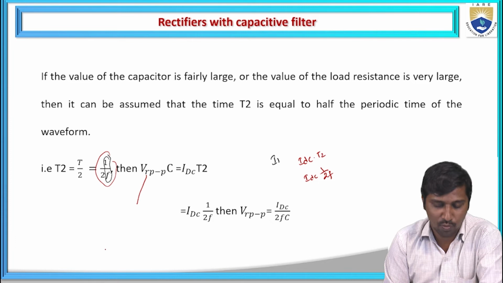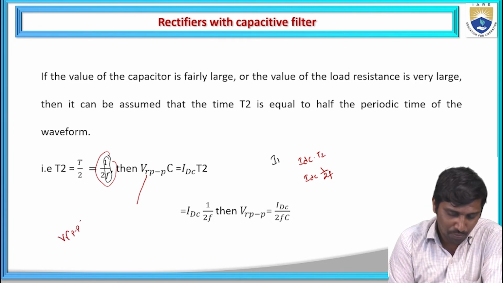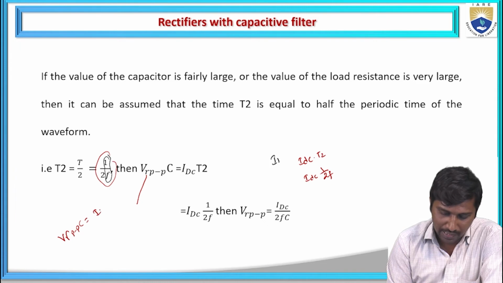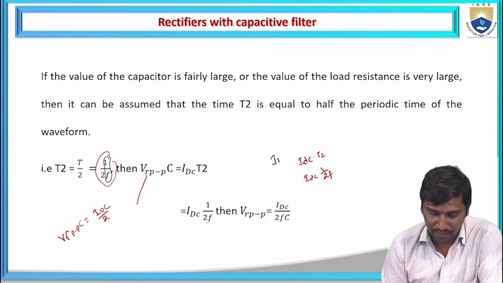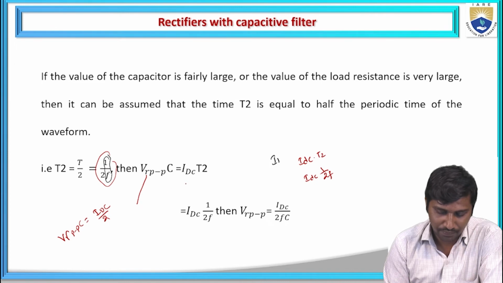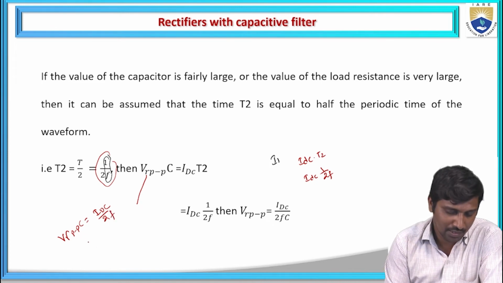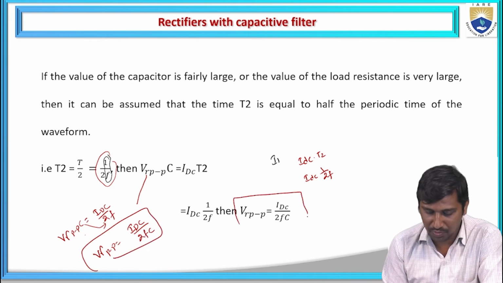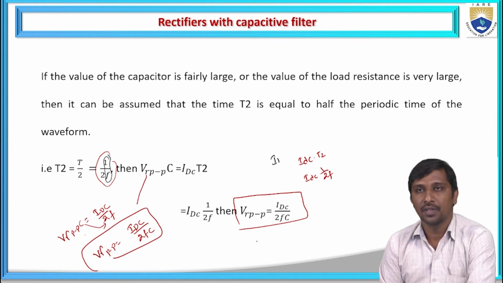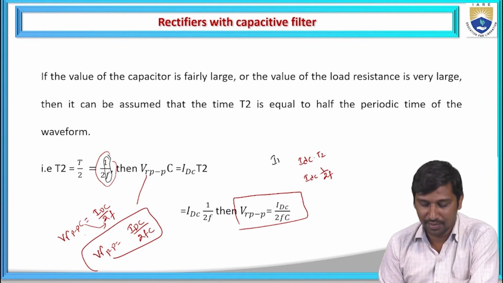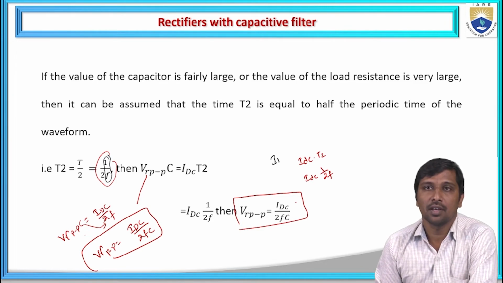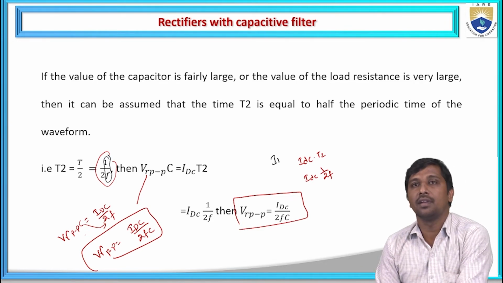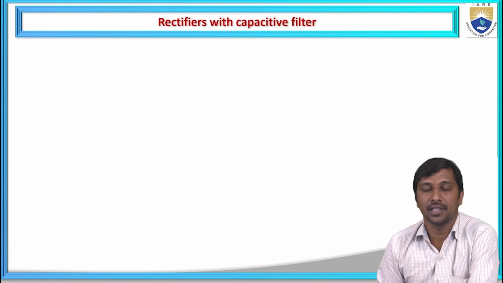From this point, we can write VR peak to peak is equal to IDC by 2F into C. So that is the reason we assume this: the VR peak to peak voltage is equal to 1 by 2 times IDC by FC. And from this, now we are going to calculate how much ripple will be generated during this filter operation.